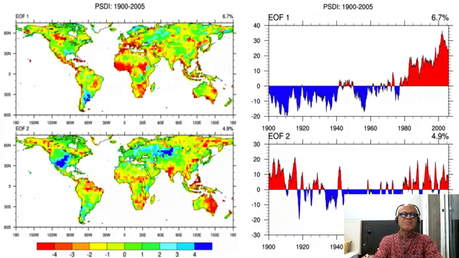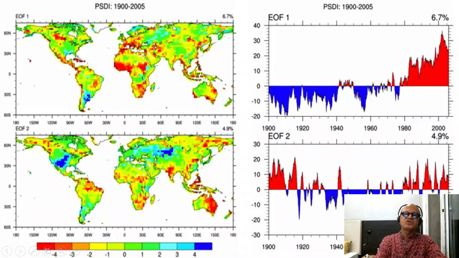And you can separate that further using the so-called empirical orthogonal function, which is a way of doing statistical analysis. When you have a time series with spatial dimension like latitude and longitude, and time dimension, because you have time series of rainfall and other quantities at each location on the planet, then these empirical orthogonal functions split that time series into dominant patterns.